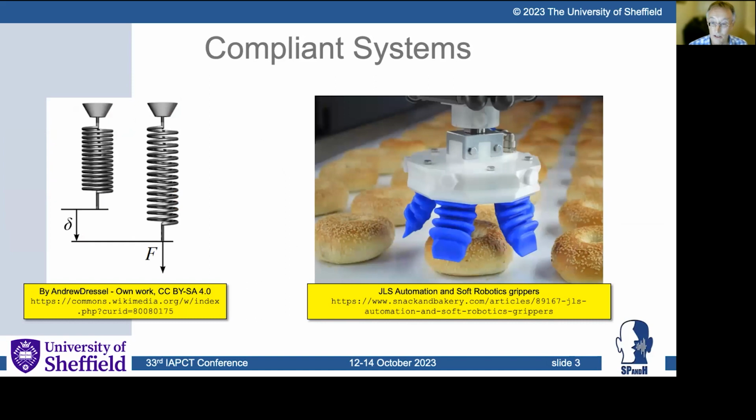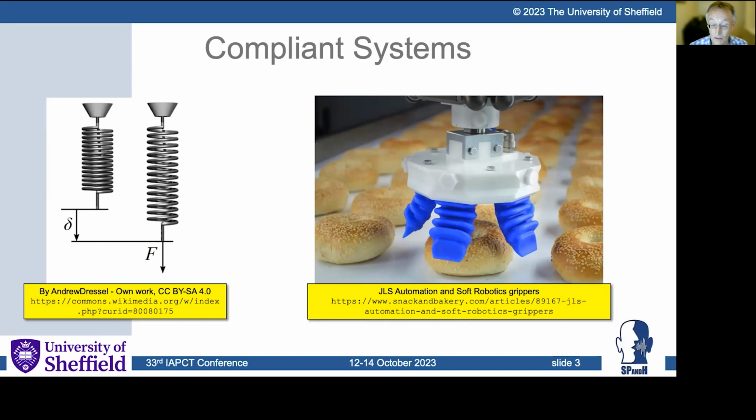So compliant systems which return to their own state are essentially elastic. A good example is a spring, and these systems are used in robotics, especially in an area called soft robotics, where you want a robot, which is typically a heavy metal, rather powerful piece of equipment, to deal with some material which would be damaged.